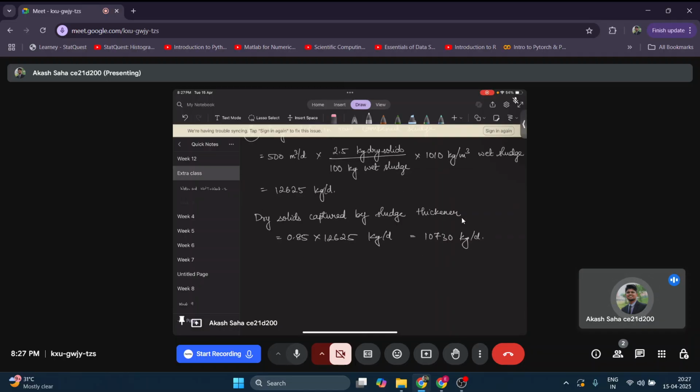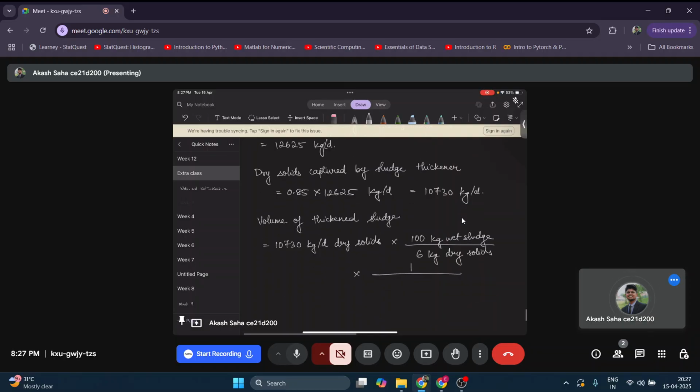Now the volume of the thickened solids will be 10730 kg per day of dry solids into 100 kg of wet sludge for 6 kg of dry solids into 1 by the density of the wet sludge.